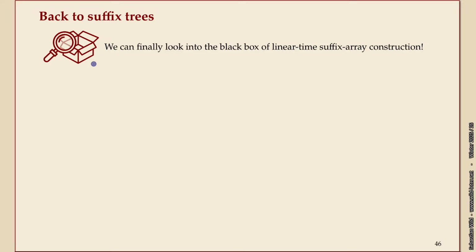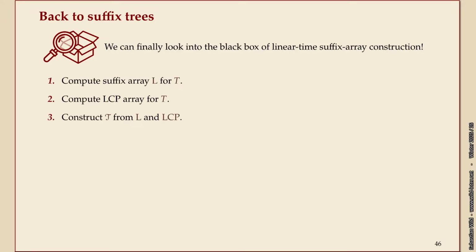But once we have these two, we can construct the suffix tree from those two without much further complication. So conceptually, a suffix tree algorithm, which is, I think, more efficient than many of the previously known ways to compute the suffix tree, would be to find the suffix array, compute the LCP array, we'll see how to do that soon, and then from those two, compute the suffix tree.